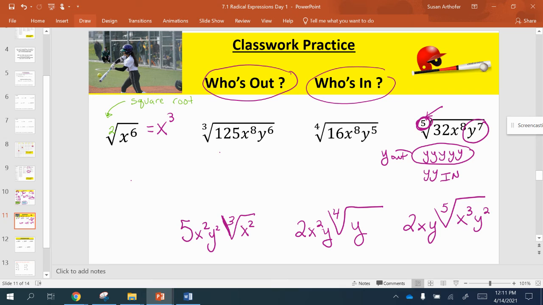So y squared is still in. So there's all your answers at the bottom. And that's the idea of who's out and who's in. You're drawing them and looking at the index number to figure out who's out and who's in. Okay?